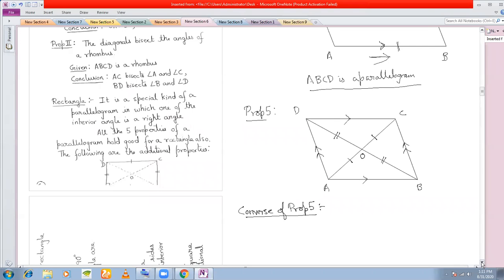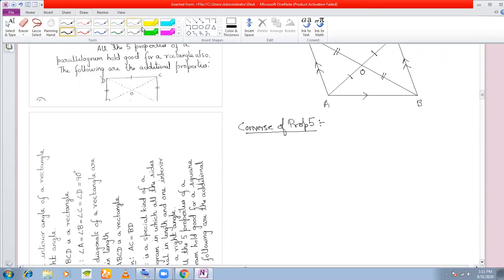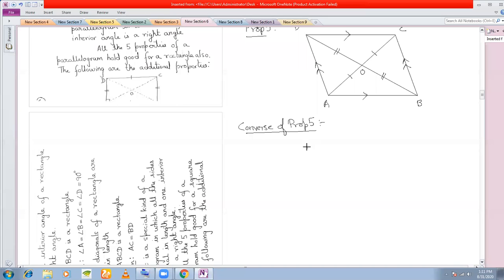Converse. This time in the converse, I give you any quadrilateral. I don't know whether this quadrilateral is a parallelogram, a rhombus, a kite or any quadrilateral that you can think of. I simply know that this is a quadrilateral. What kind, I don't know.